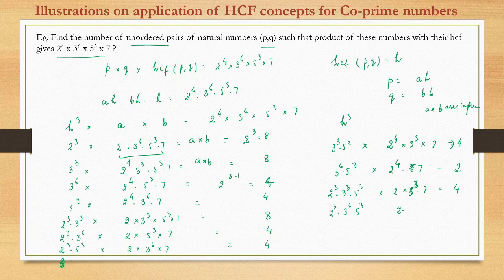What remains is 2 into 7, 3 won't have any, 5 won't have any. So here it will have 2 factors. So how many cases have you got? 1, 2, 3, 4, 5, 6, 7, 8, 9, 10, 11. So these are the cases which we got. Any possible case? I think we are not missing anything. So 3 cases also we have taken.